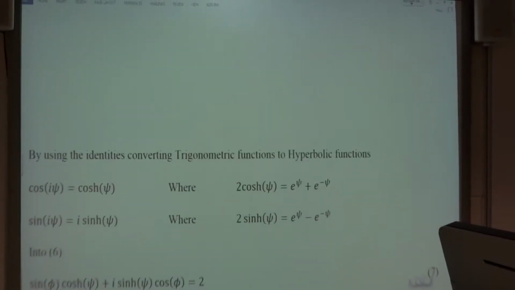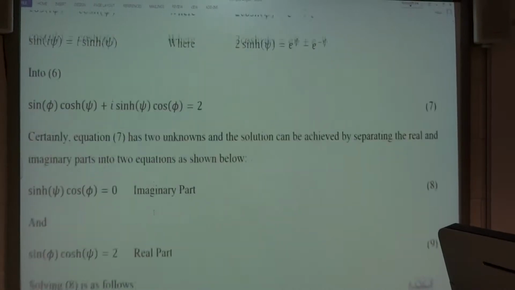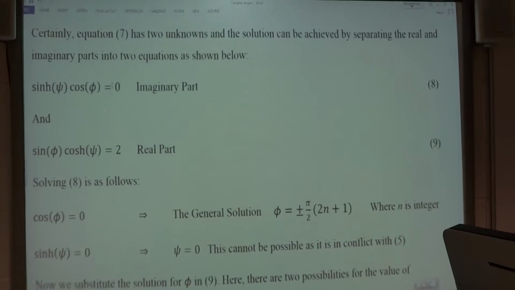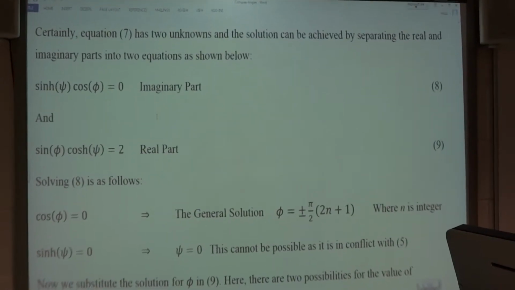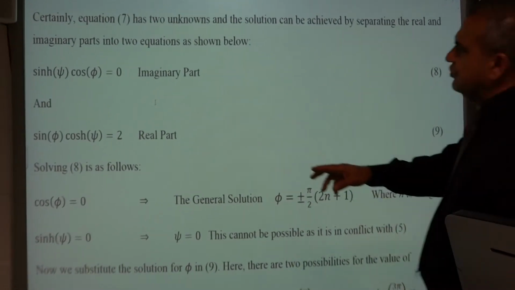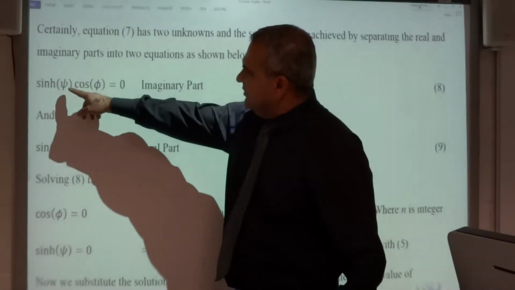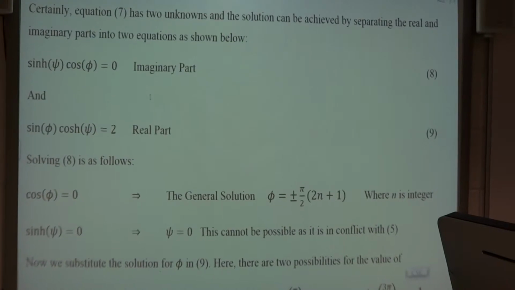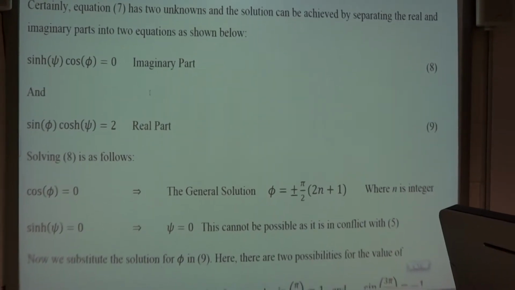Once you expand it, it looks like this: the real part will be equal to 2 and the imaginary part will be equal to 0. So now you have two equations with two unknowns, the imaginary part and the real part of your original angle theta.